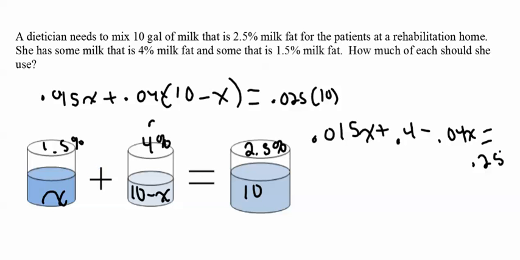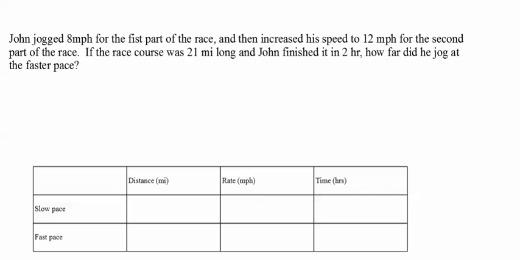The next one we're going to look at is one that involves distance, rate, time. Now this one says John is jogging 8 miles per hour for the first part of the race and then increased his speed to 12 miles per hour for the second part of the race. The race course was 21 miles long and John finished it in 2 hours. How far did he jog at the faster pace?